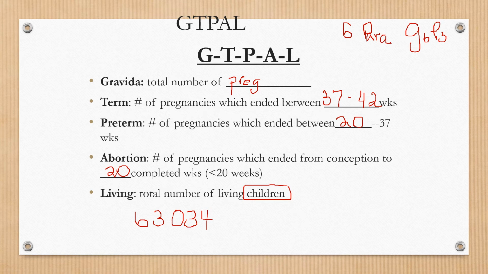If you do a little math on these, typically saying that T, P, and A, so 303 in this case, is always going to equal G. I'll say that again.